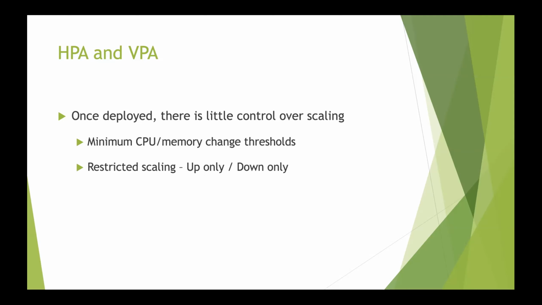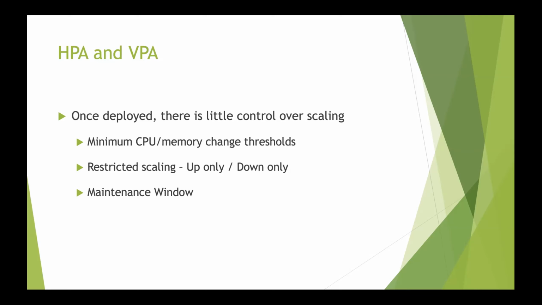Another kind of limitation is that we cannot set the kind of scaling that we want. If a user wants to only scale up or scale down, it is not possible by using HPA or VPA. The third one is to give a user freedom to restrict the scaling to a particular time window.